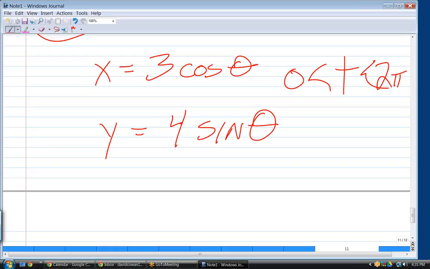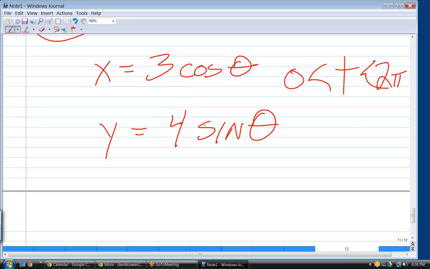What's my first step? Get the identities. What's my first step, though? That's a very important first step. We know that we're going to end up squaring everything and adding them together in order to get 1.